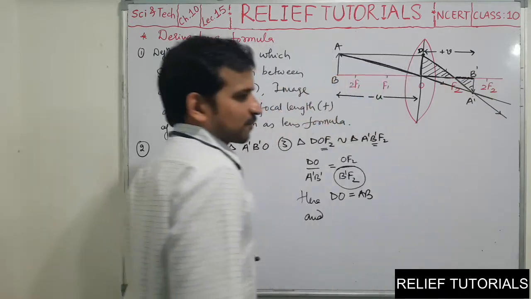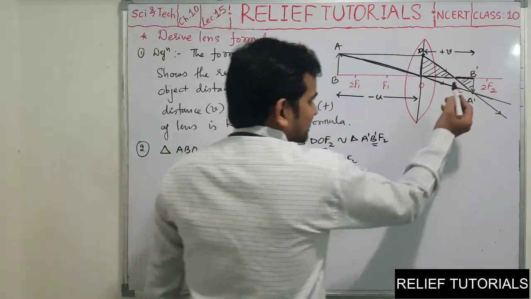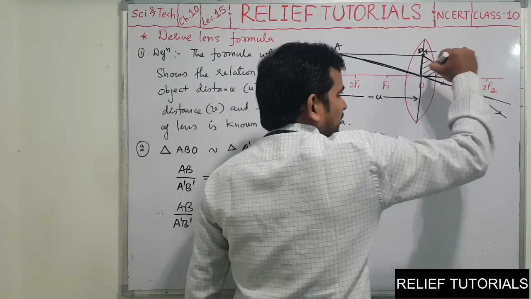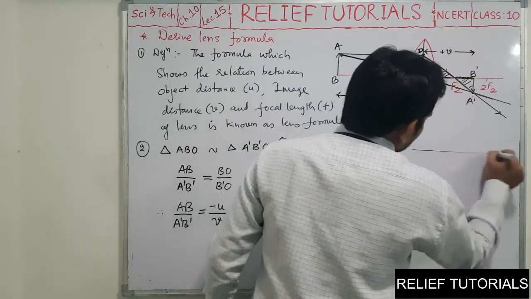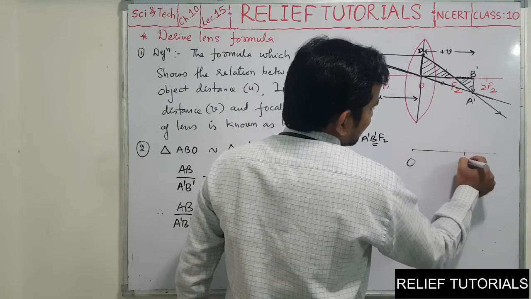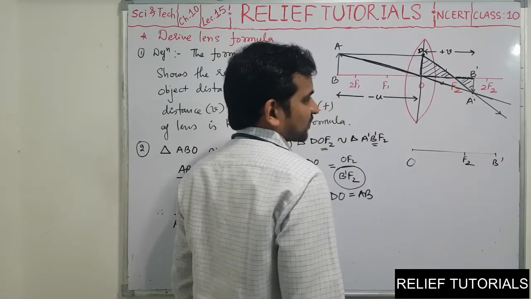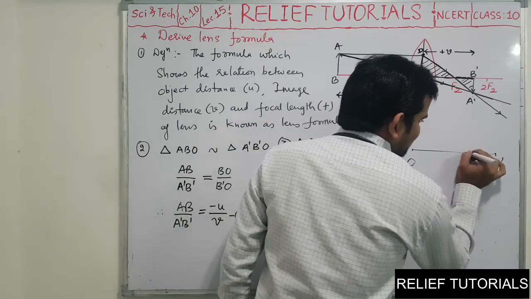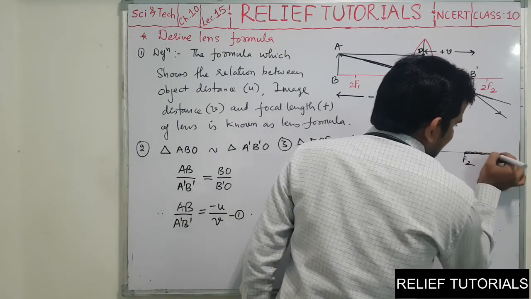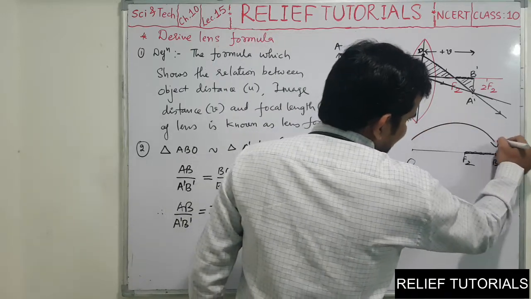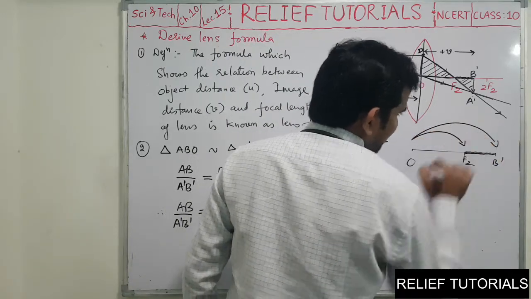We have to represent this distance in terms of O. This is O here, here is F2 and here is B dash. Can I say that it is OB dash minus OF2?